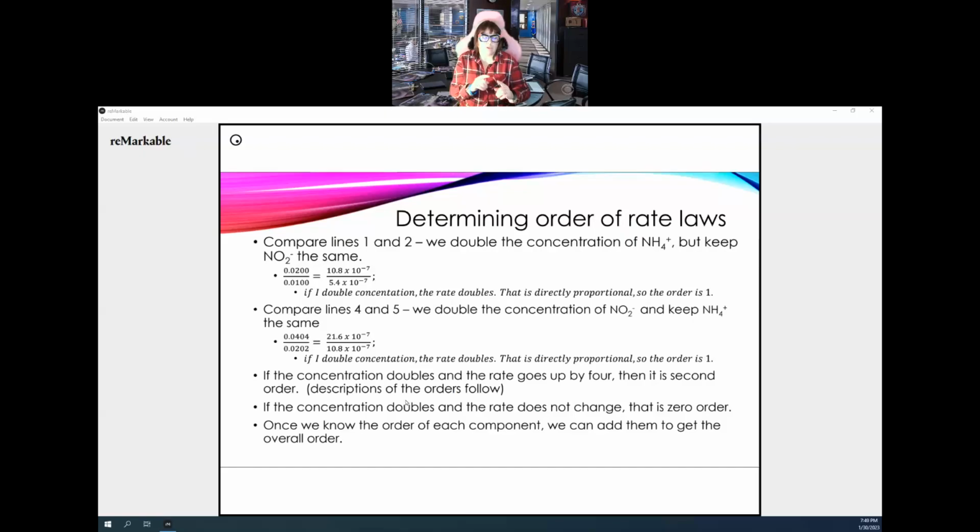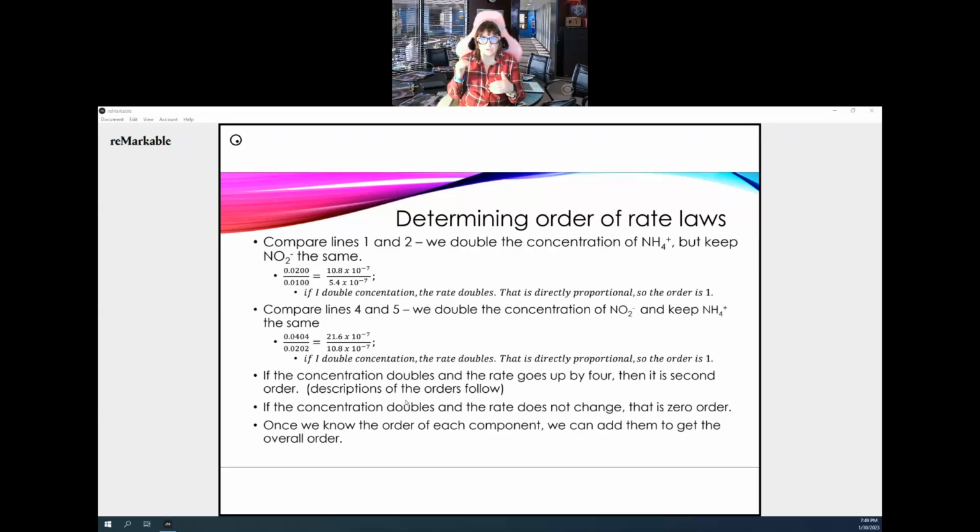If we compare lines 4 and 5, we double the concentration of NO2 minus and keep the NH4 plus the same. So now we have 0.0404 over 0.0202, and we look at 21.6 times 10 to the minus 7th over 10.8 times 10 to the minus 7th. Again, double the concentration, the rate doubles.